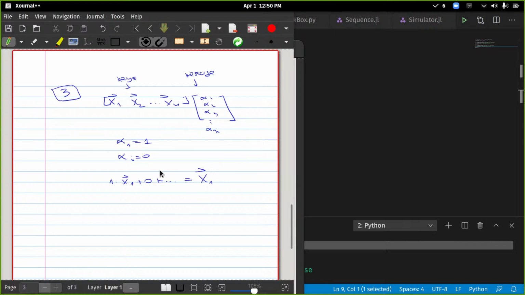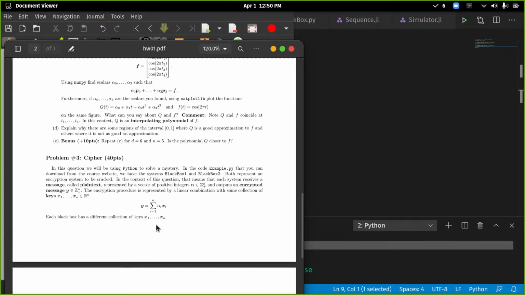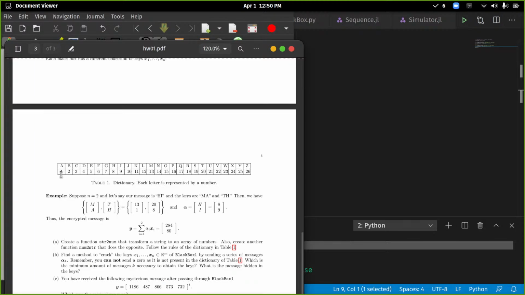The problem with doing this for every key is that in the question, as you can see here, the messages that you are able to send are from 1 until 26, because they correspond to letters of the alphabet. So you don't have a 0th letter.